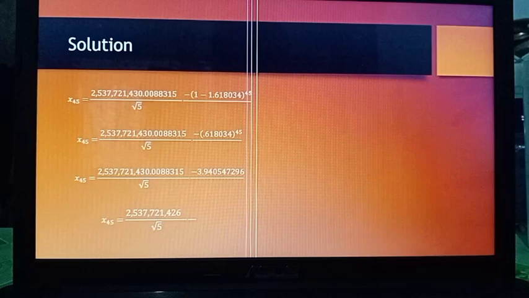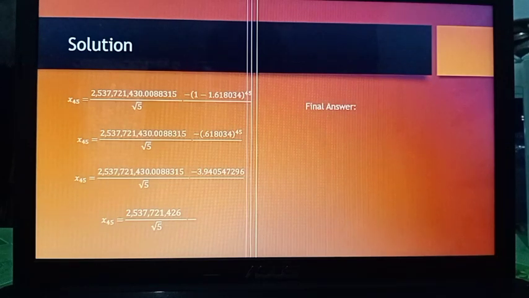So let's subtract 2,537,721,430.0088315 minus 3.940547296. The answer using your calculator is 2,537,721,426, divided by the square root of 5.